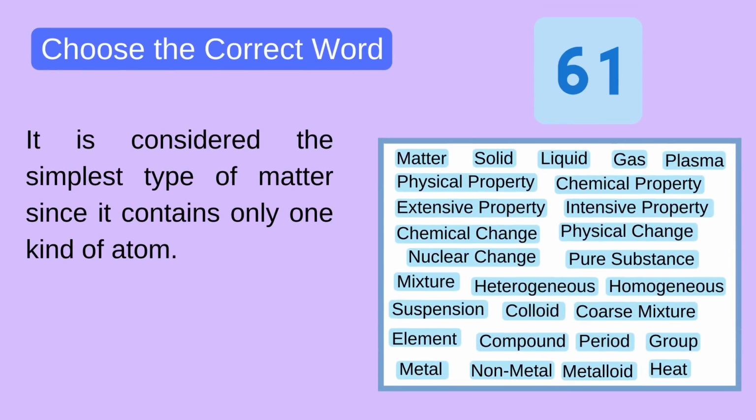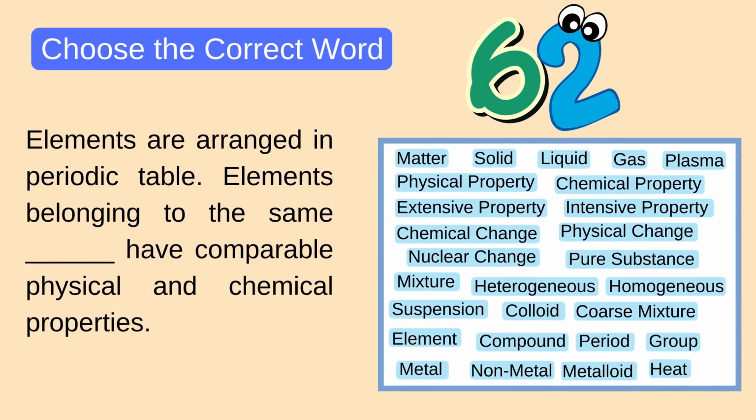It is considered the simplest type of matter since it contains only one kind of atom. Elements are arranged in periodic table.